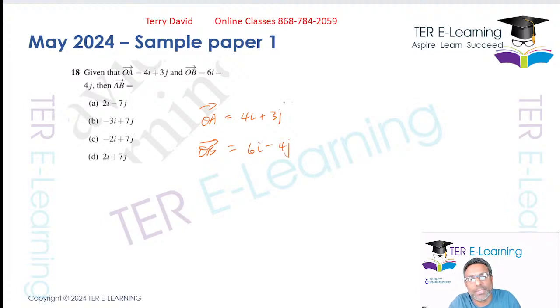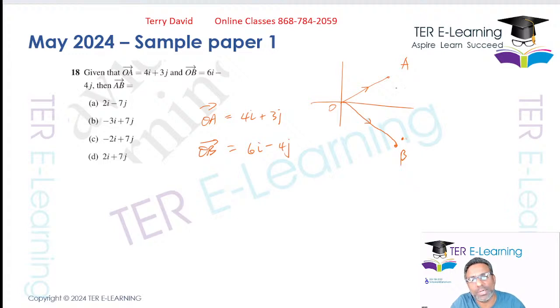If I do a little sketch, 4i plus 3j is going to be somewhere up here. So this is O, this is A, and 6i minus 4j is going to be somewhere down here. I'm just drawing a sketch so you understand what you need to do. Let's call this B.